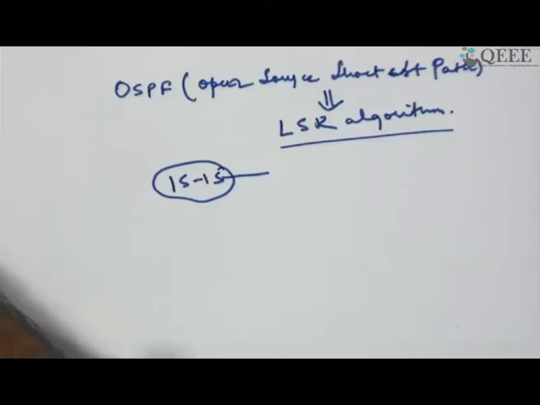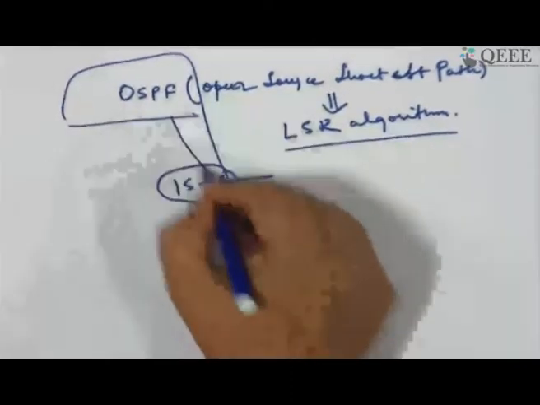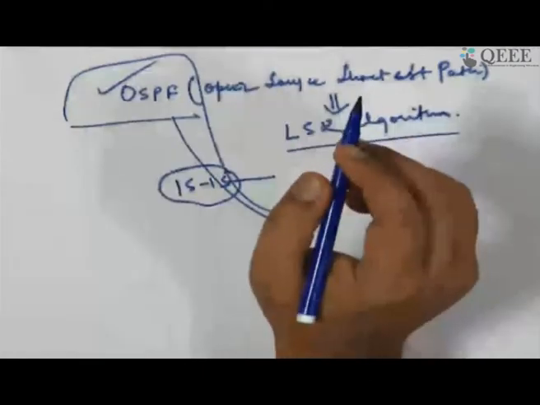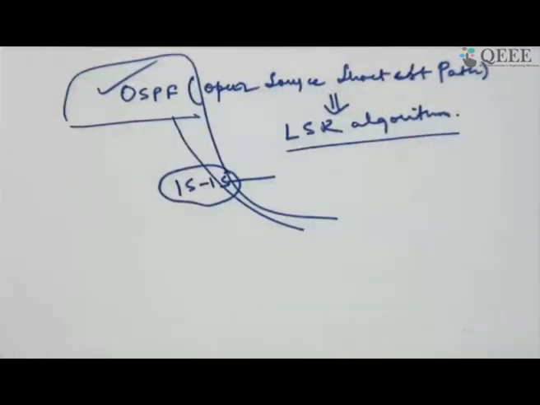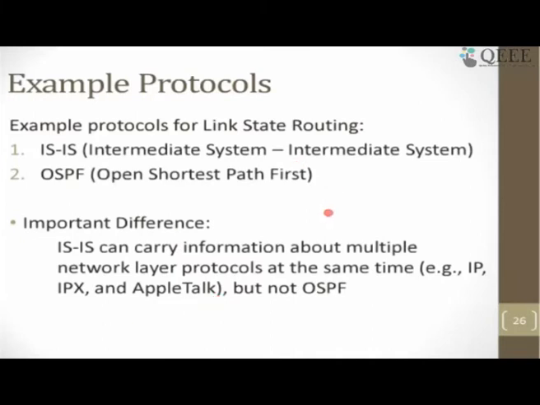Although it has this facility, ultimately we work on IP, so the other layer support is not so useful. OSPF is the protocol that is followed, which takes IP into consideration.